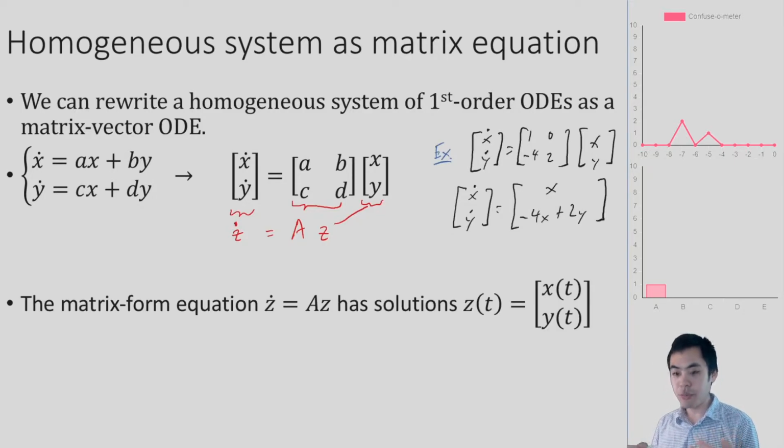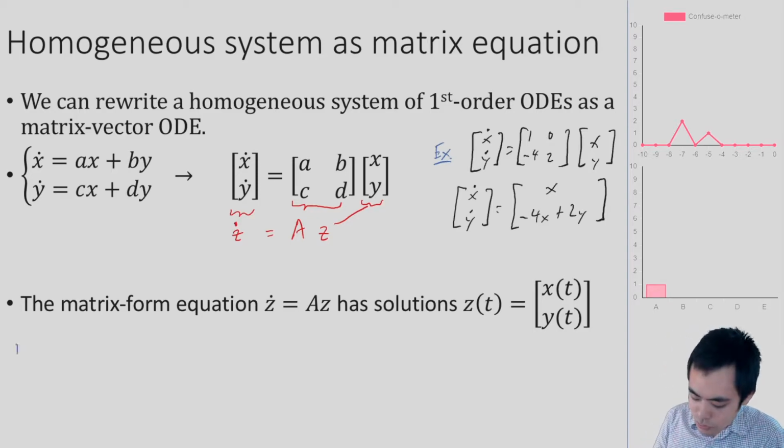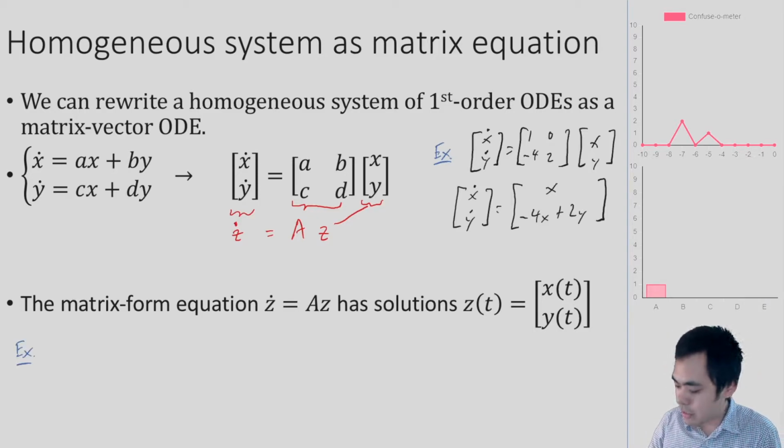And the matrix form equation, z dot is equal to Az, has solutions. When we say z of t, we mean a two-dimensional vector, (x of t, y of t). So, for example, one solution to the example we had earlier would be z equal to (e^t, e^t minus e^(2t)).